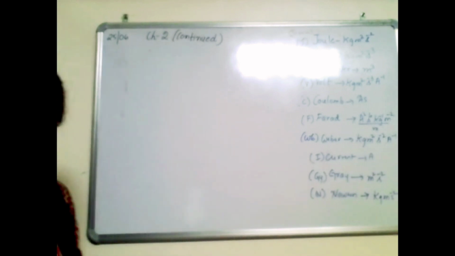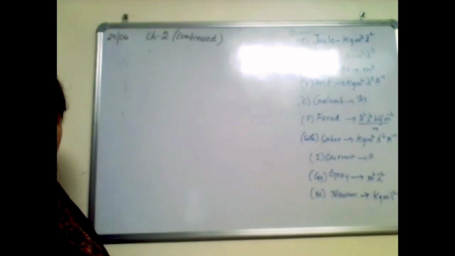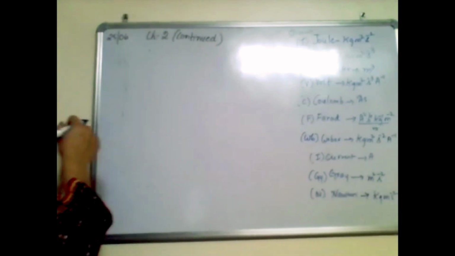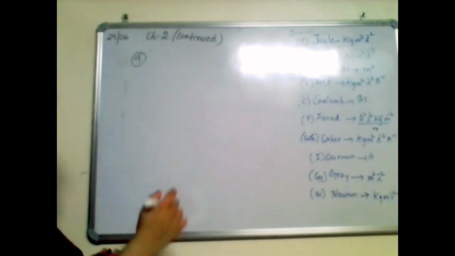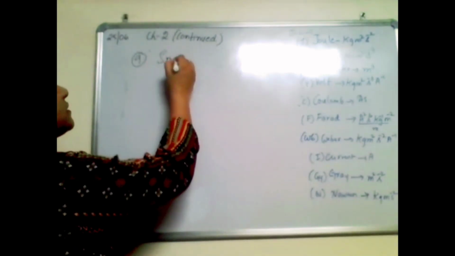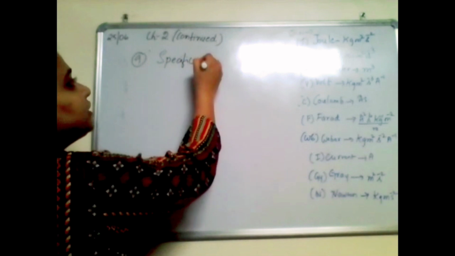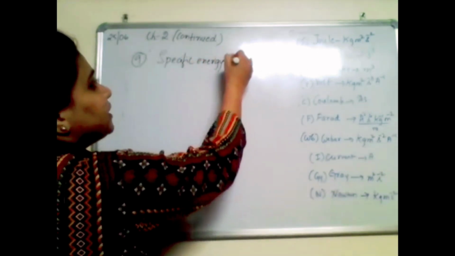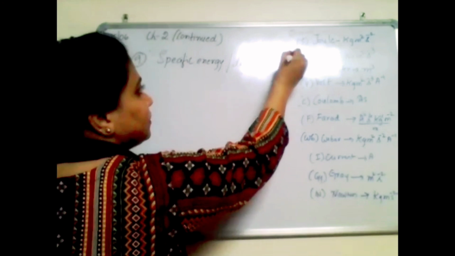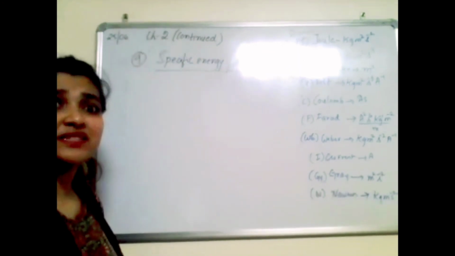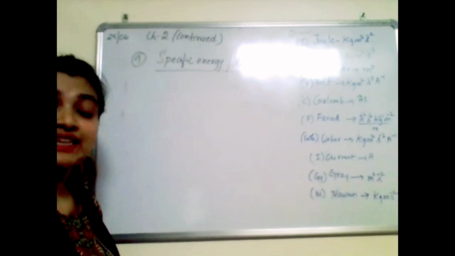So let's go ahead then. We are going ahead with the next SI quantity called specific energy or latent heat. Now, what do you mean by specific energy or latent heat?